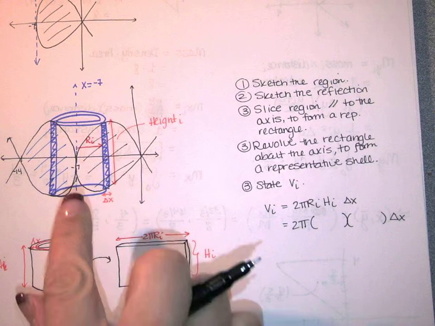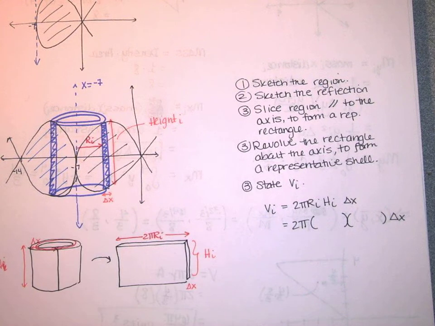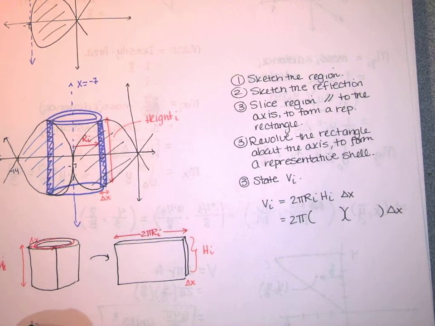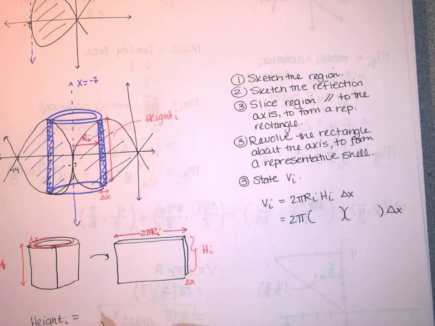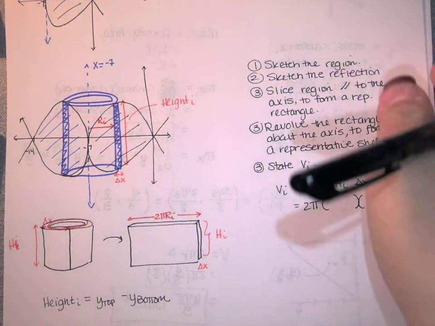Okay, so now I look at my picture. I notice that my height is a vertical distance. So the height is going to be the top y value minus the bottom y value. And both of those are going to be as functions of x.